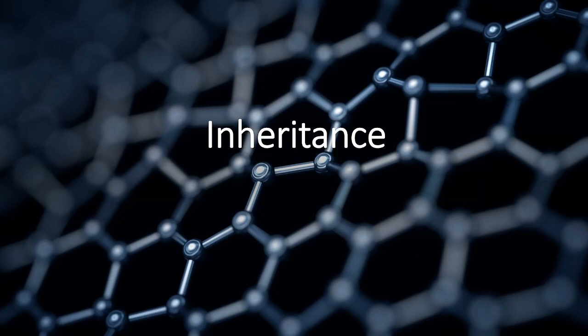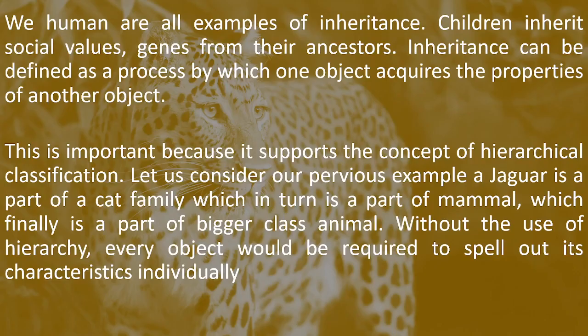So let's get going. Inheritance: the moment the word comes into your mind, it gives an idea that something is coming to you, inherited. We all know what we carry from our forefathers: the values, the genes, DNA, right?